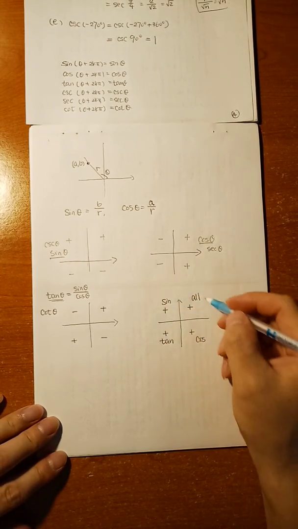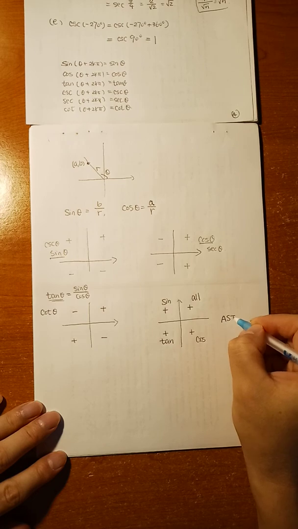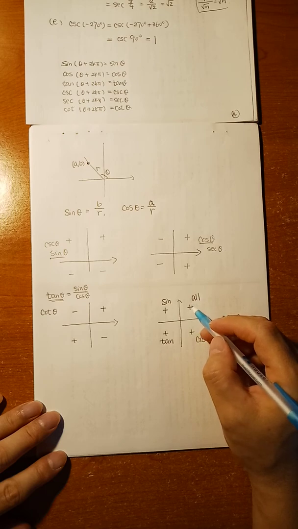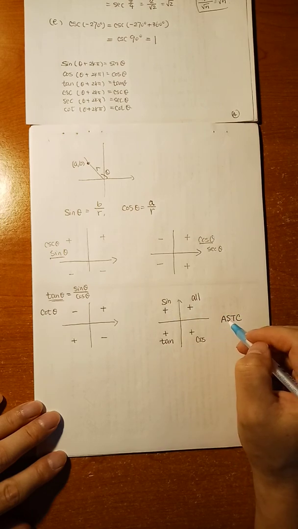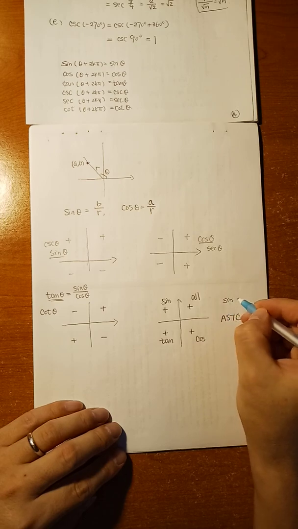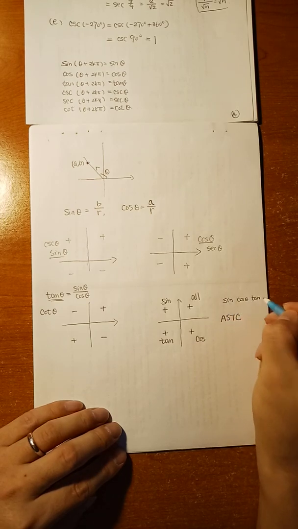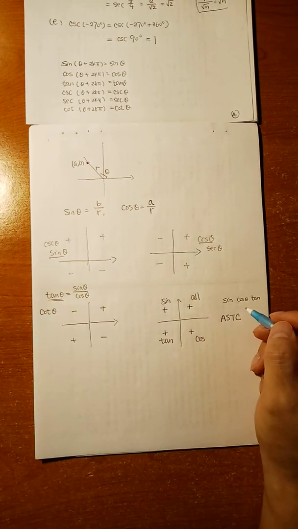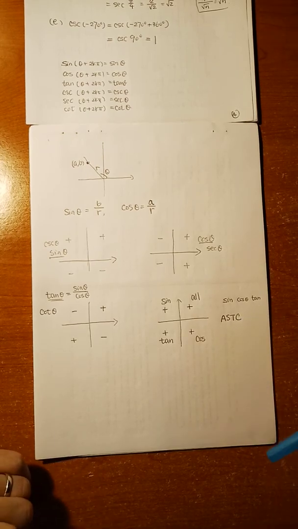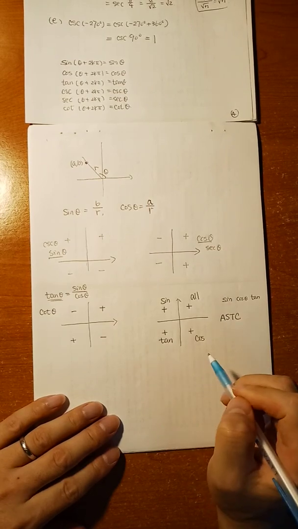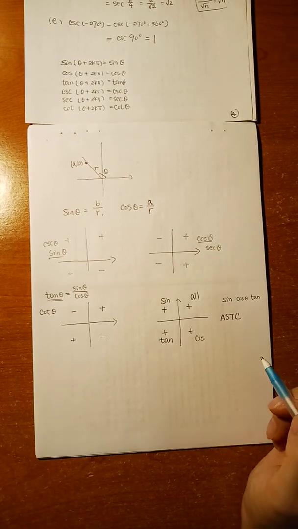To summarize this table, we get A, S, T, C. A means in the first quadrant, all the trigonometric values are positive. S means in the second quadrant, only sine is positive; cosine and tangent are negative. This formula only handles sine, cosine, and tangent. The other three trigonometric functions are determined by the reciprocals, so you get them as a byproduct. Third quadrant, tangent is positive only. Fourth quadrant, cosine is positive only.